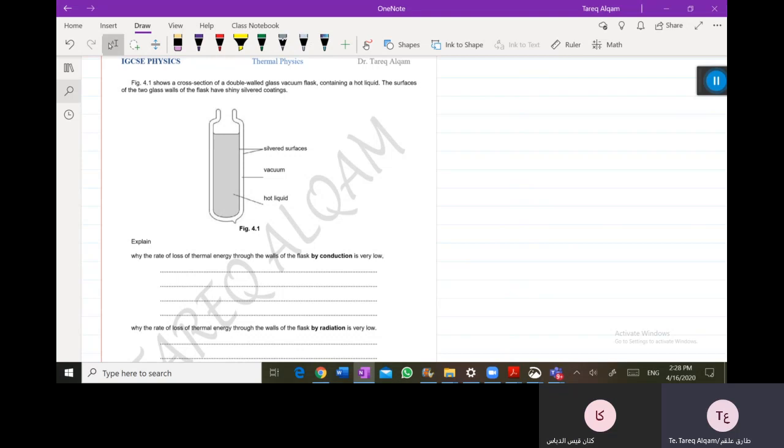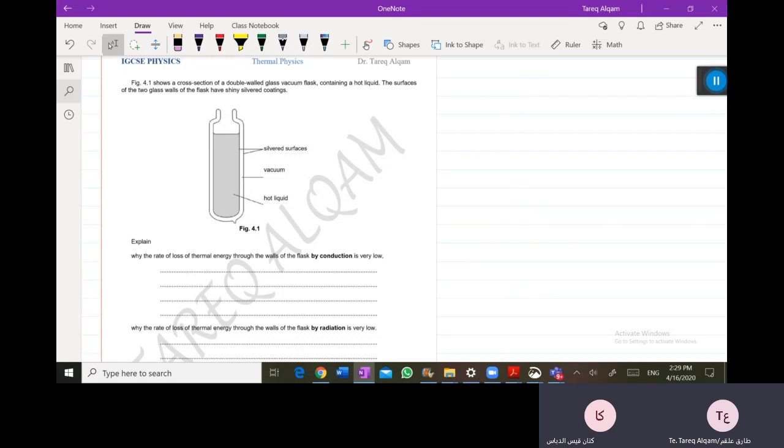So if you place a hot liquid inside it, we want to keep it hot as long as we can. If I place cold liquid inside it, we want to keep it cold as long as we can. We want to reduce any heat transfer.